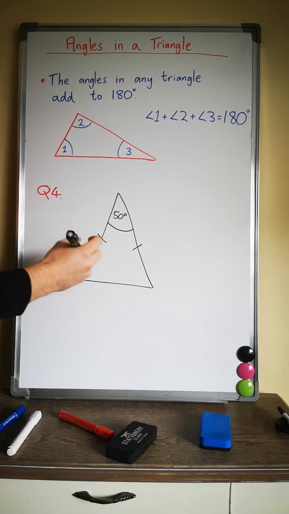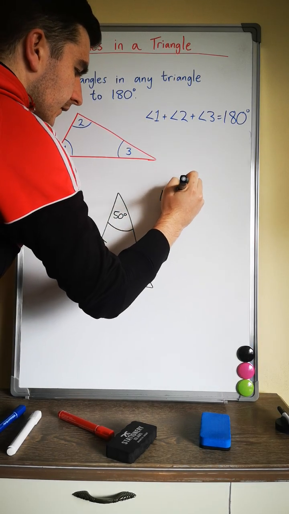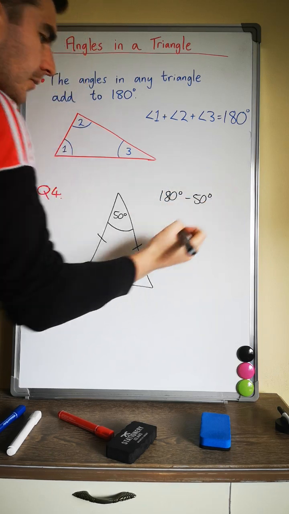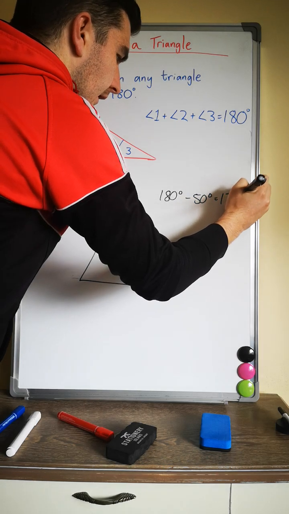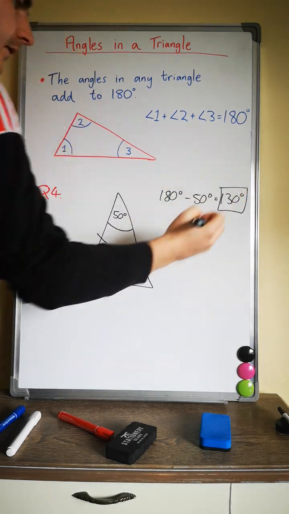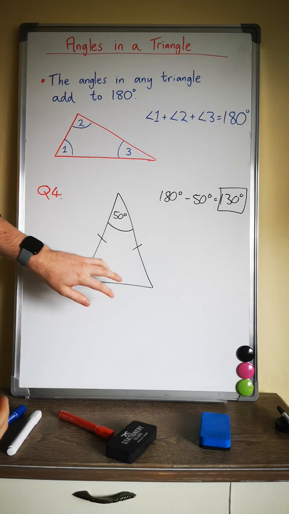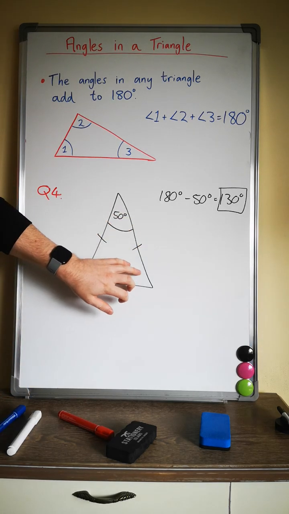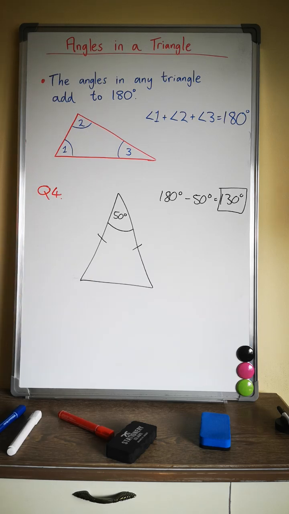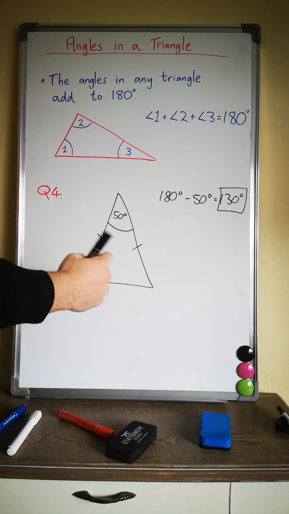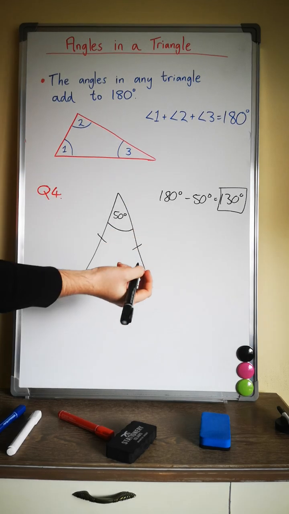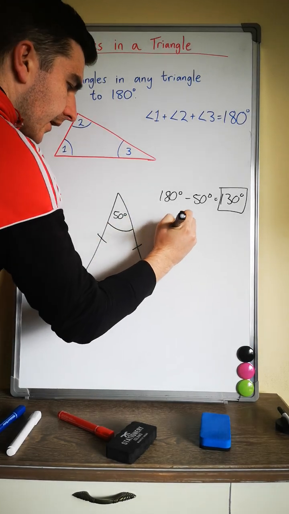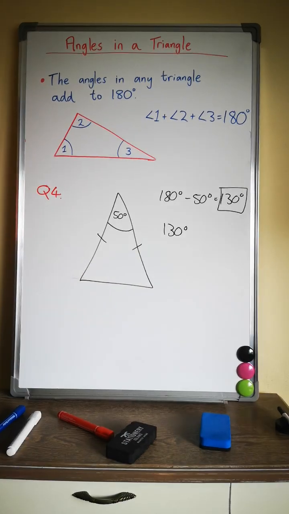First thing I would do is 180 degrees minus 50 degrees to see how many degrees are left in the triangle. When you take them away, you get 130 degrees. Now the 130 degrees is split between the bottom left and bottom right angle. If we know that it's an isosceles triangle, these two angles are the same, so you halve this angle so they have the exact same angle.